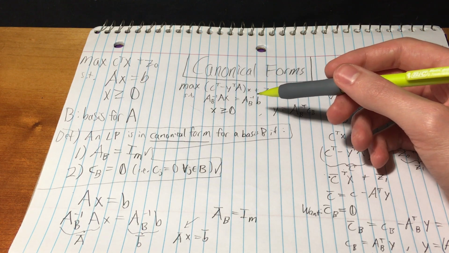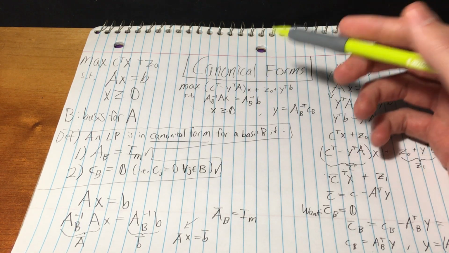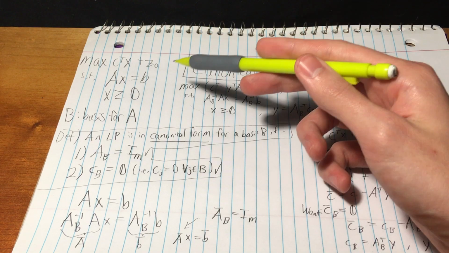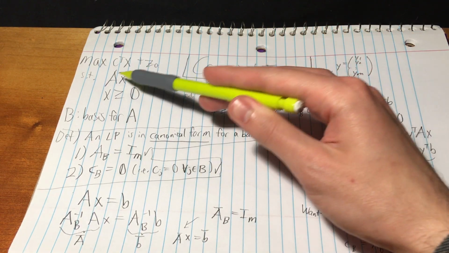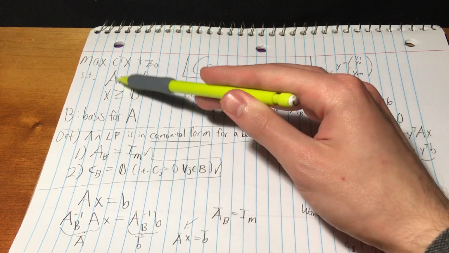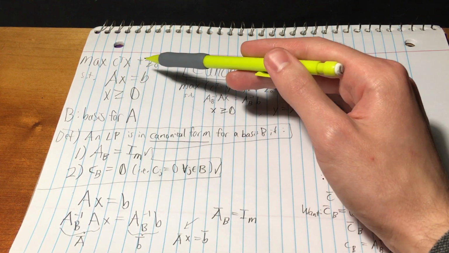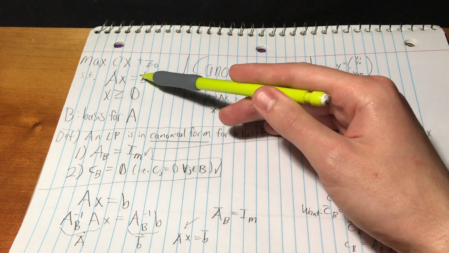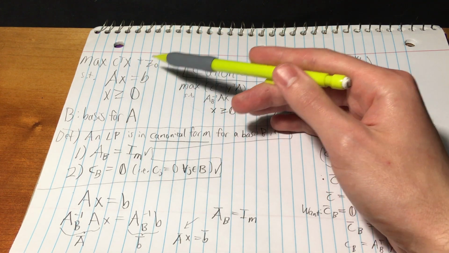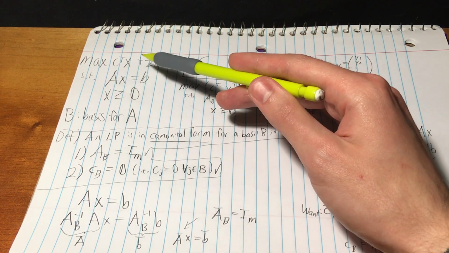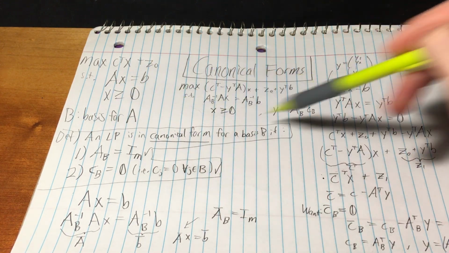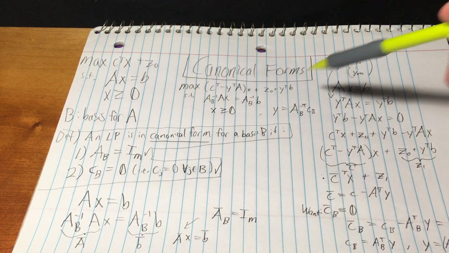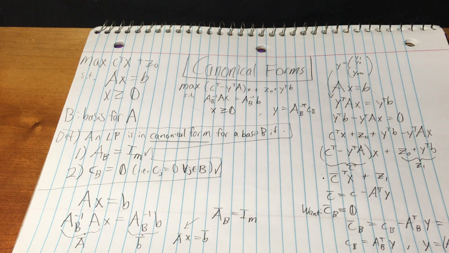But those will be for the next videos. This video is just showing that for a linear program where this is a feasible system and A is full row rank, and without loss of generality we can assume those things, then if we're given a basis B, we can always put our linear program in canonical form, and we do it by this process that we've just gone through.